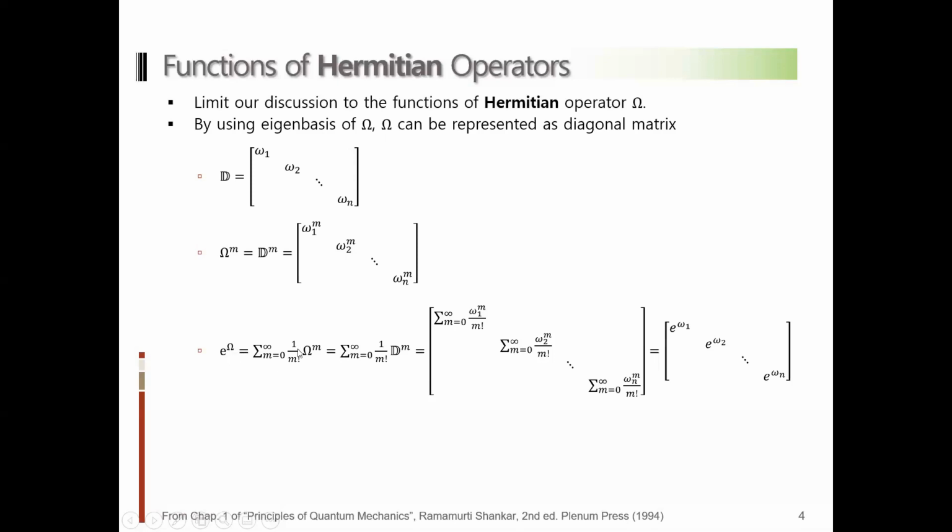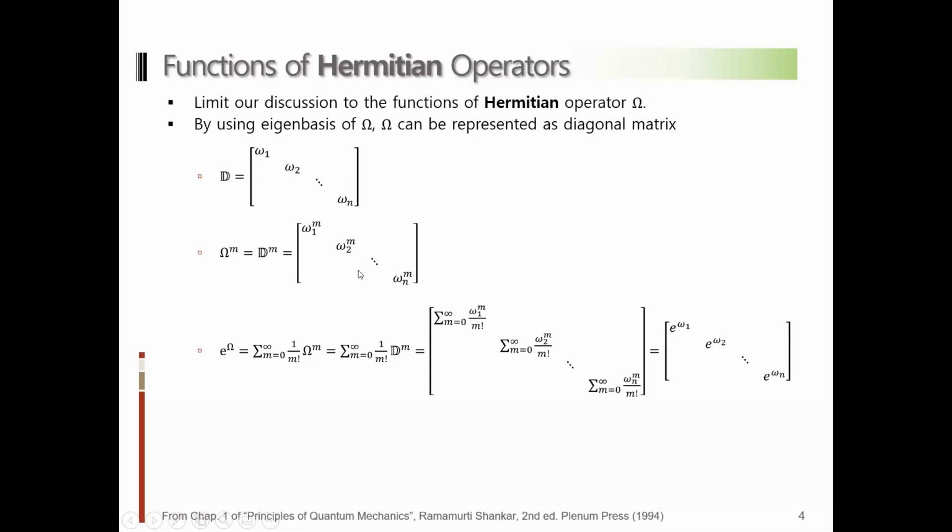The exponential function of the operator can be expanded in this way. This omega should be replaced by the corresponding matrix representation, because that is the diagonal term.